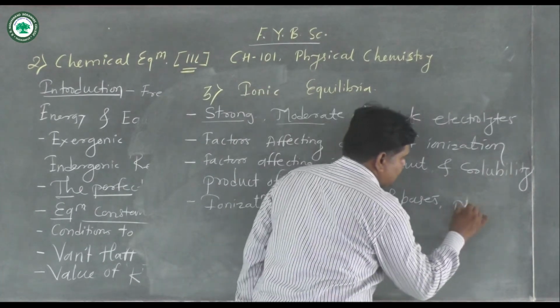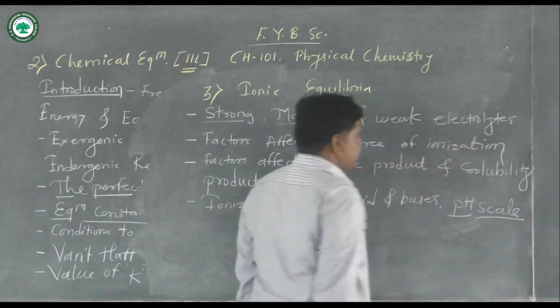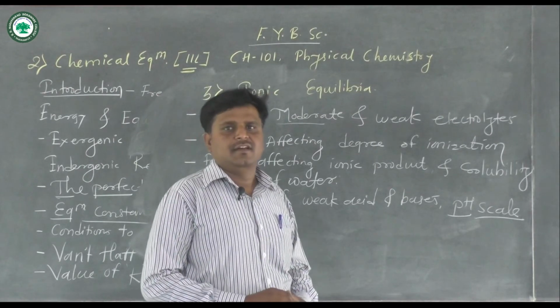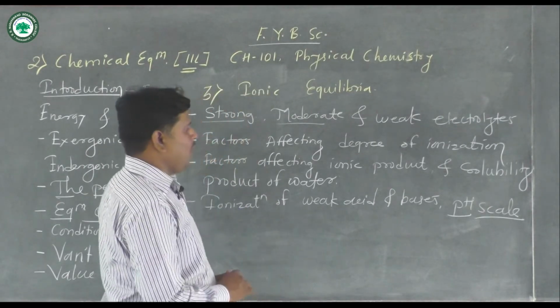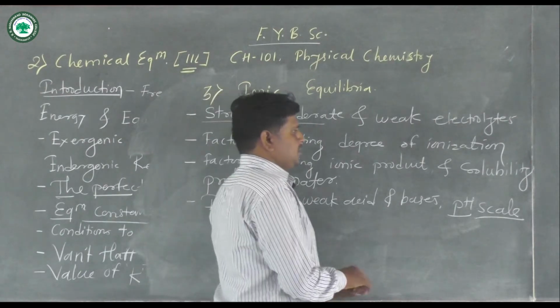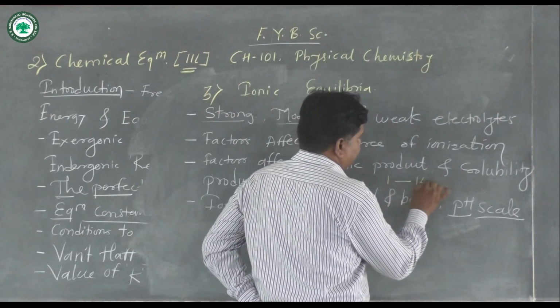Then the pH scale. What is the pH scale? The pH scale means the range of pH. What is the range? The range is from 1 to 14.